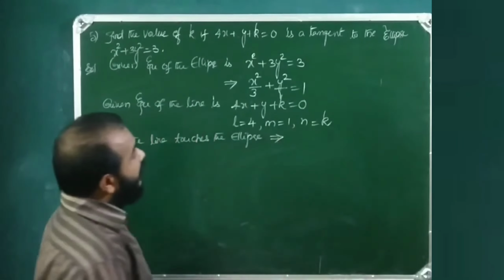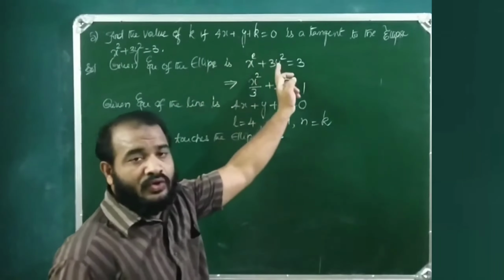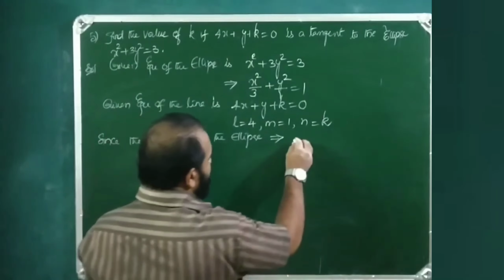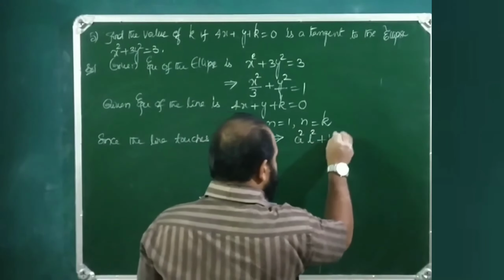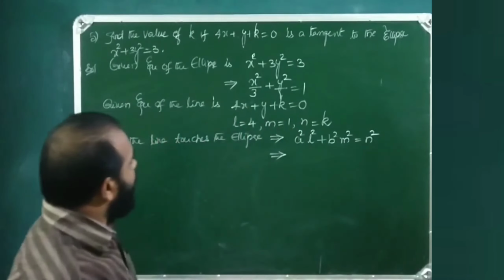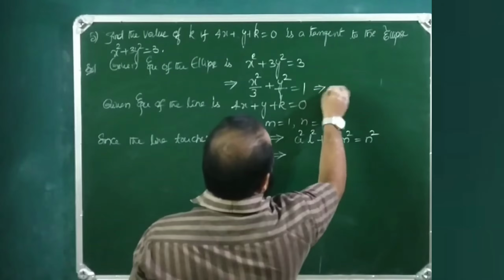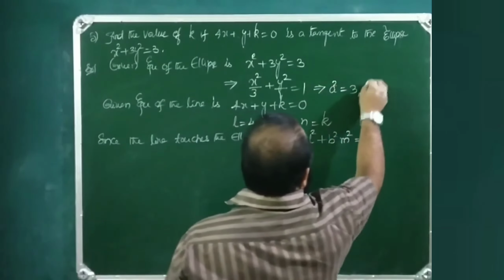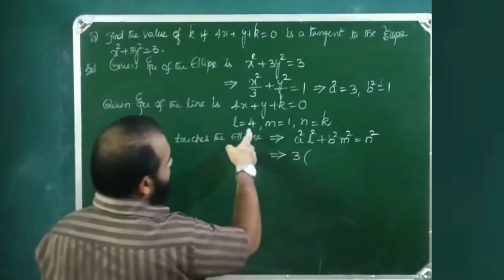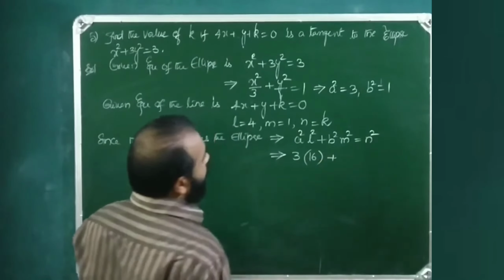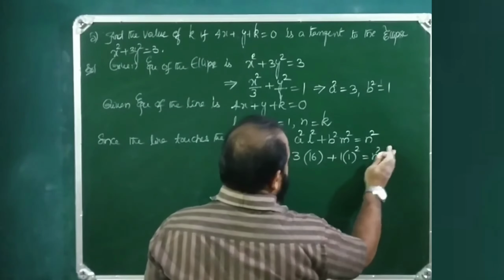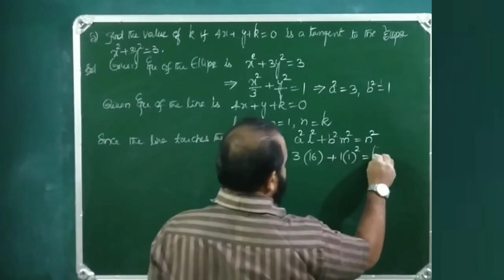What is the condition for the line Lx plus My plus n equals to 0 to be a tangent to the ellipse x square by a square plus y square by b square equals to 1, which is a square L square plus b square m square equals to n square. So a square here is 3, b square equals to 1. So 3 into L square is 4 square 16 plus b square is 1 into m square is 5 square is equals to n square, here k square.